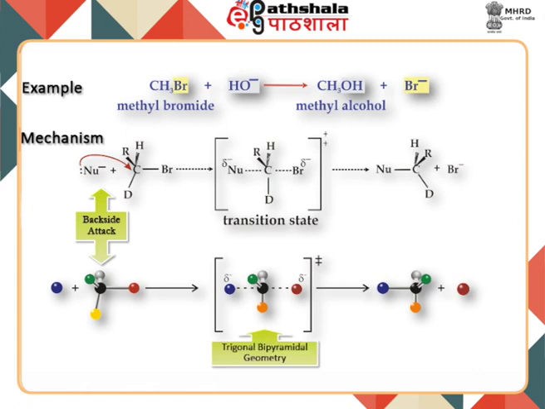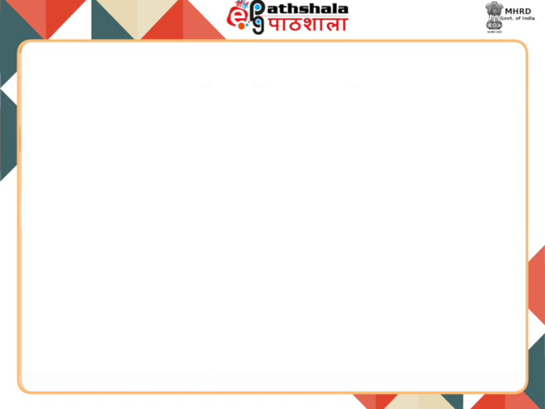However, the transition state looks like trigonal bipyramidal, but the product formed has tetrahedral structure similar to the substrate. Thus, after the departure of the leaving group, the product formed will have inverted configuration. Thus, SN2 reaction is a one-step process where two reacting species are involved in the slow rate-determining step.